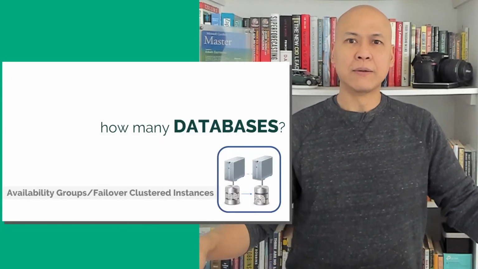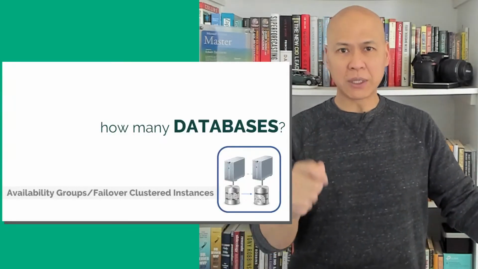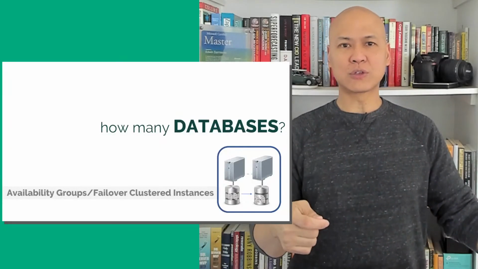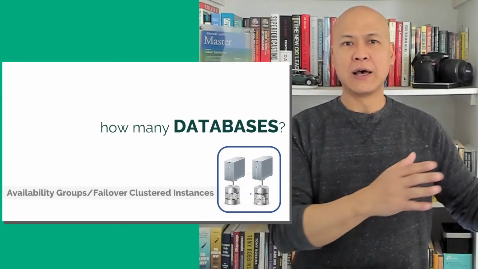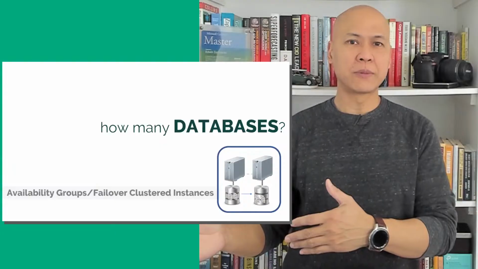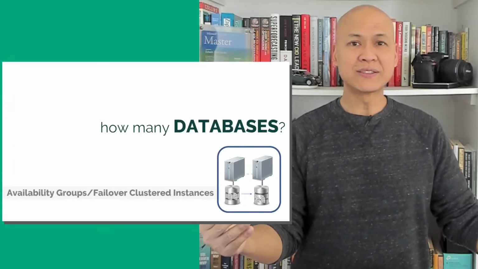Okay, because when you add more databases in an availability group, you're asking SQL Server to have additional threads to process sending transaction log records from the primary to the secondary, processing redo on the secondary.